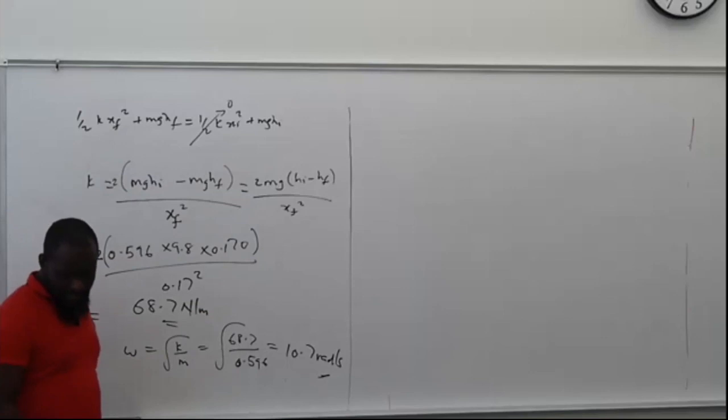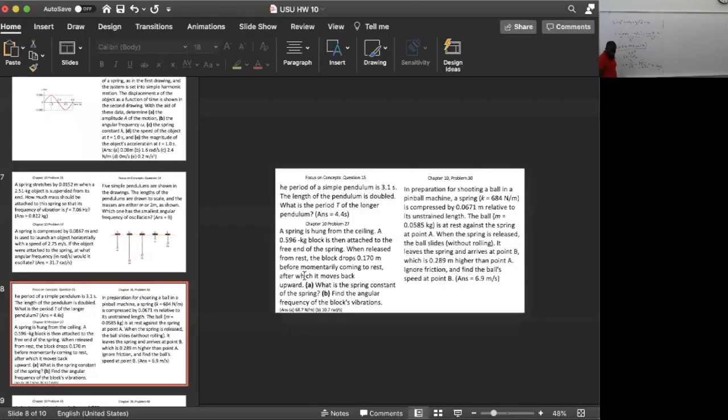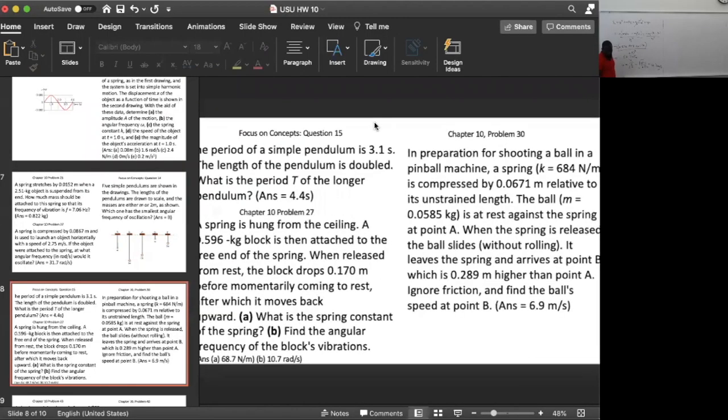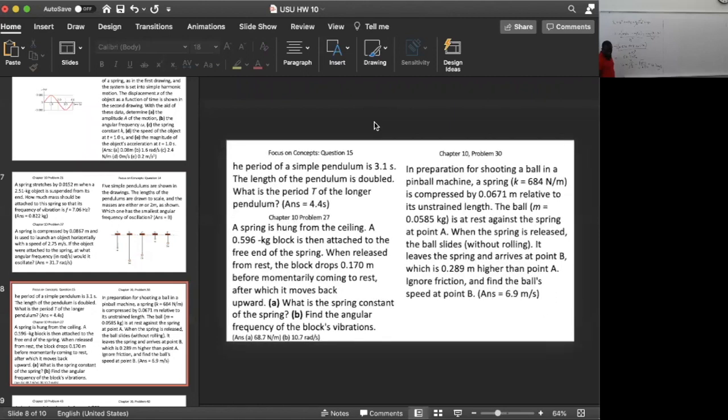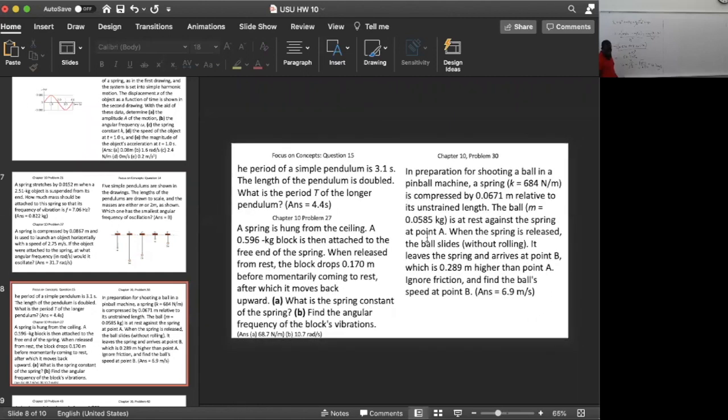Now the next problem, I'll share my screen again. So it says, sorry, I'll make this bigger. In preparation for shooting a ball in a pinball machine, a spring with a spring constant is compressed by a distance. The ball is of a given mass.